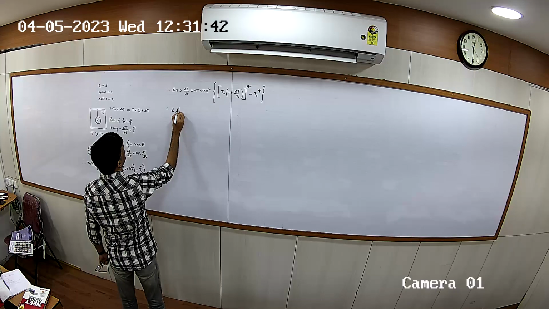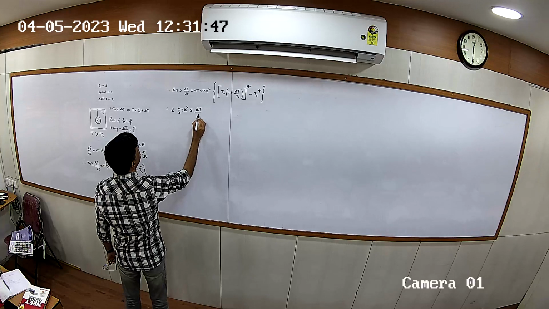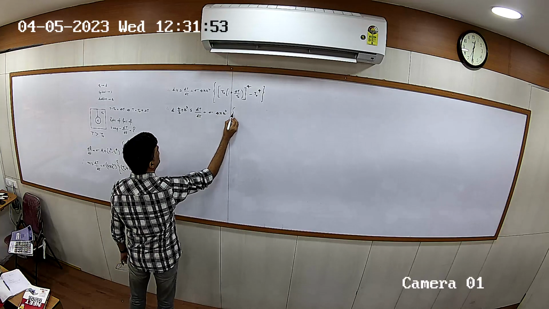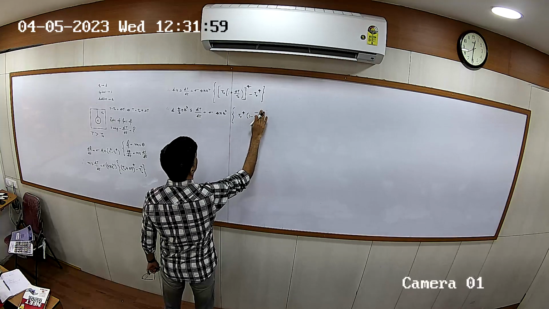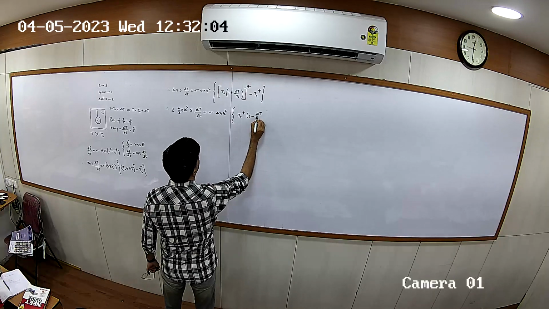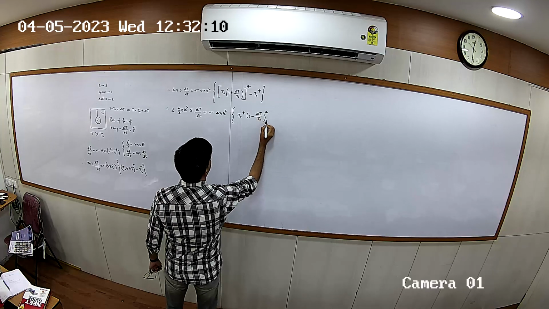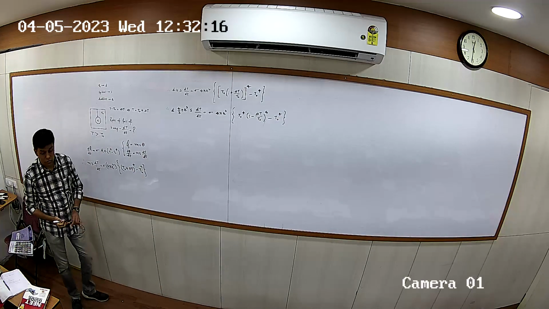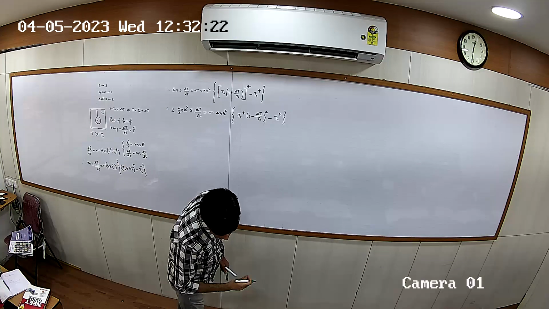Density, volume, 4/3 pi r cube, s, d theta by dt, equals sigma 4 pi r square, and this I write as... Correct? Is it clear? So your 4 pi will cancel. Final option is... Is this clear?